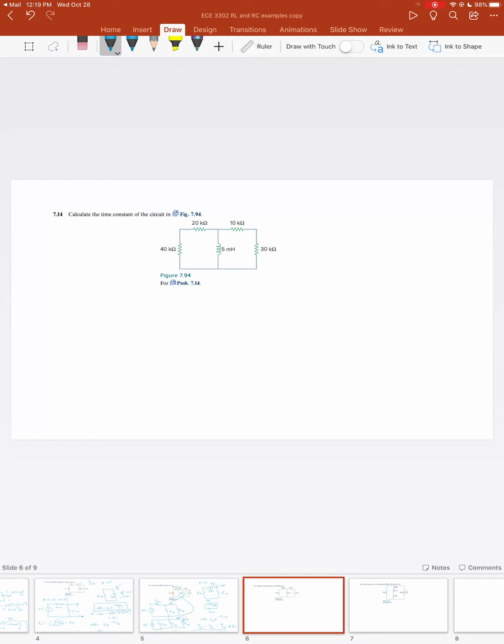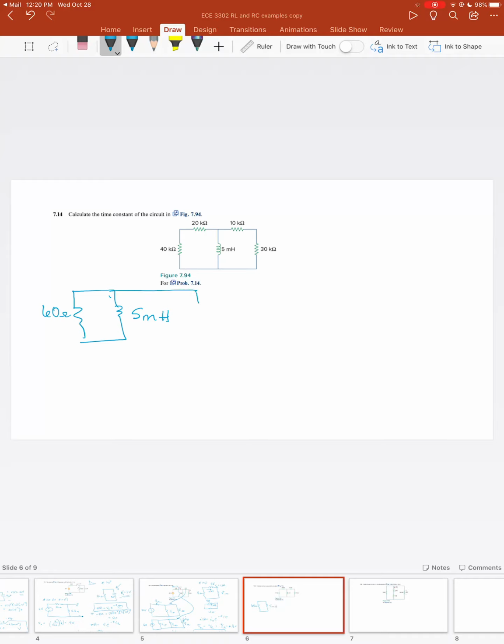Yeah, so here we just want to calculate the time constant. So this is going to be similar to the problem where we're just looking for an equivalent single R and single L in this circuit. So we have 20 and 40 ohm in series, so let's combine those to get 60.